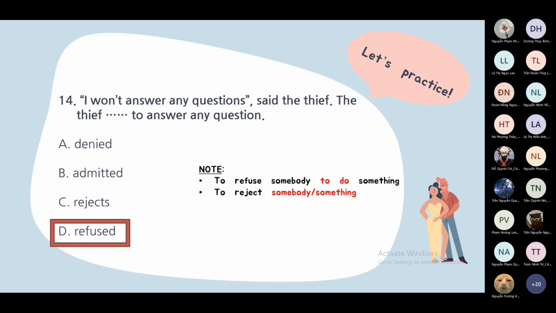The note I want you to remember here is the structure of refuse, like to refuse to do something, but to reject somebody or something. In this sentence, both refuse and reject have the same meaning, but only refuse is suitable for the structure in this sentence.